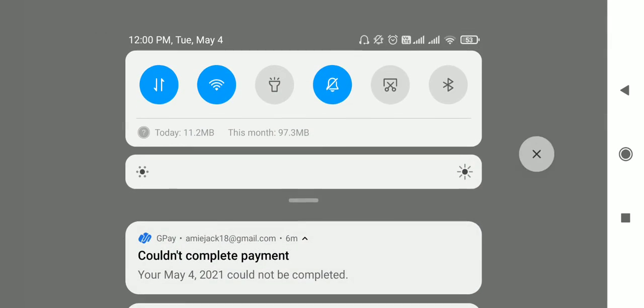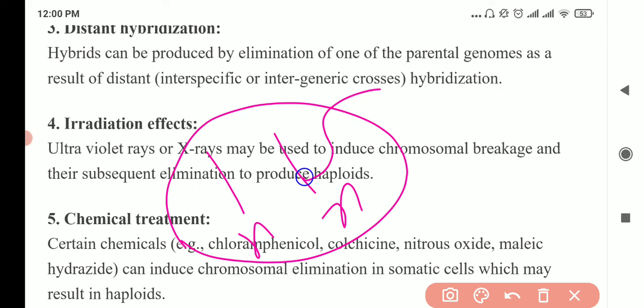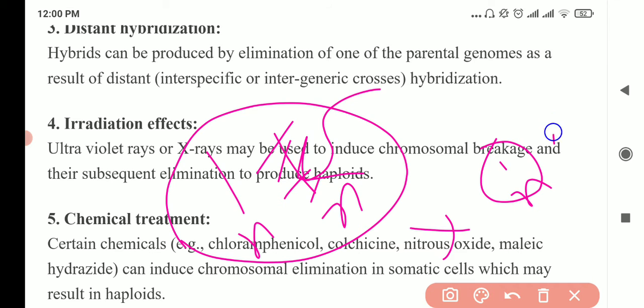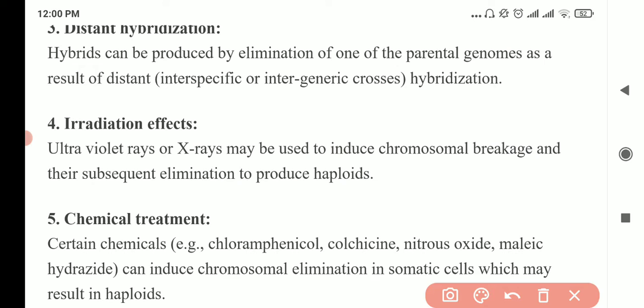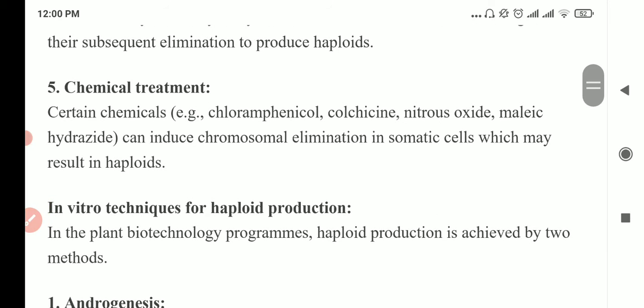You use X-rays or ultraviolet rays, and then that chromosome set will be destroyed, and since only N is left, it will generate into haploid plants. But it doesn't mean it's very easy. In the lab it's very tough to do this, but I'm telling you the techniques.